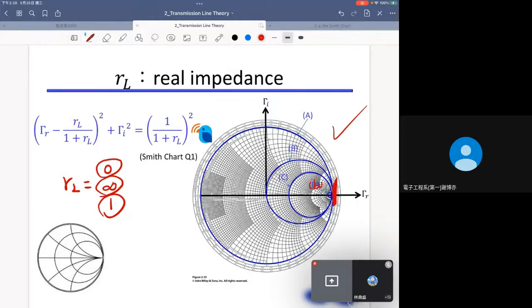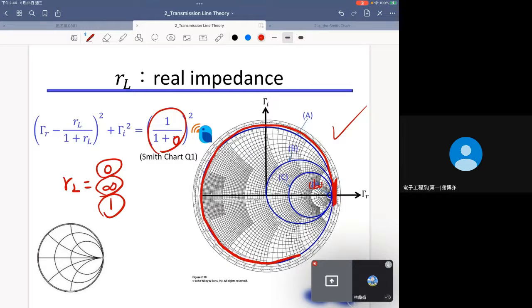If RL is 0, it means it is a short, because the radius is 1. So this is this circle.